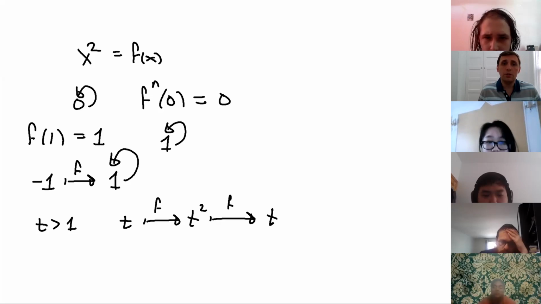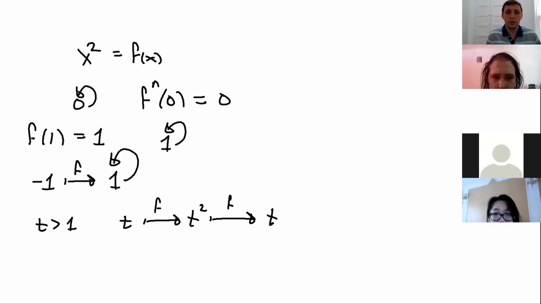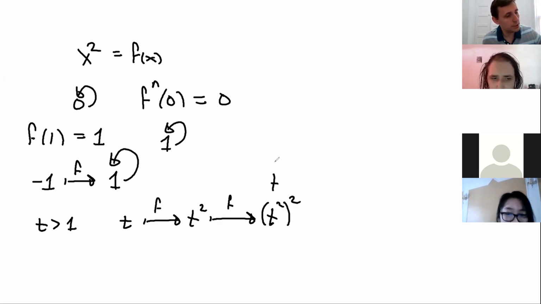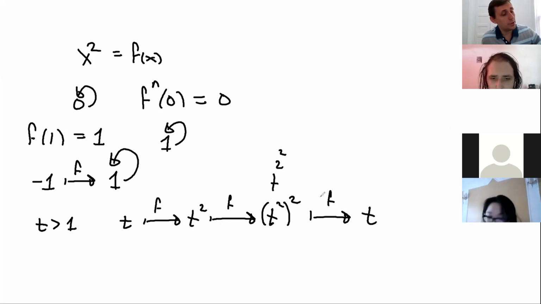No, it's not t cubed, because you are squaring the square, so it becomes t squared, squared. So it becomes t to the power 2 squared. And then apply the square there, you square this again. So you square it again. So squared squared, that means what?